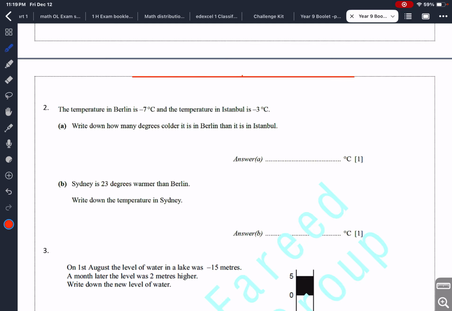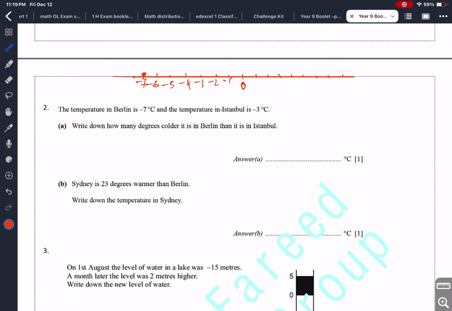If we have here 0, 1, 2, 3, 4, 5, 6, 7, 8, so this is negative 1, negative 2, negative 3, negative 4, negative 5, and so on, and here I have 1, 2, 3, 4, 5, 6, 7, 8. The question said that the temperature in Berlin was negative 7. It was here, negative 7.